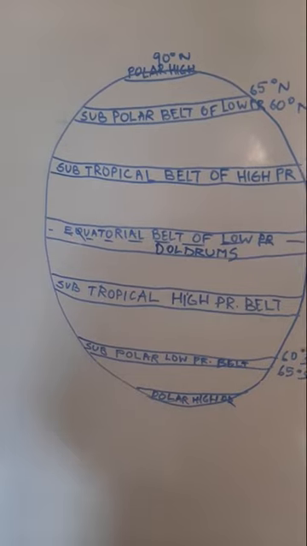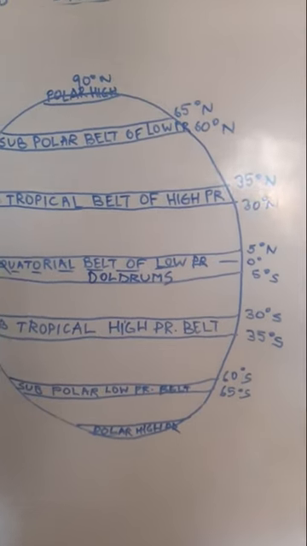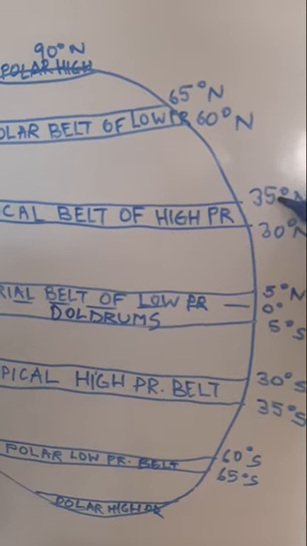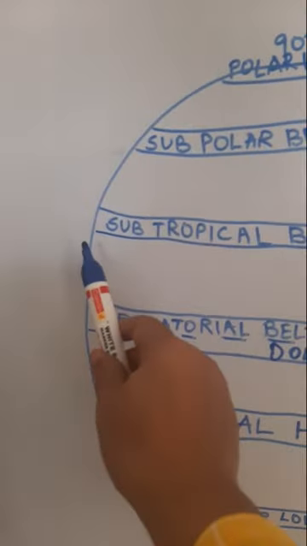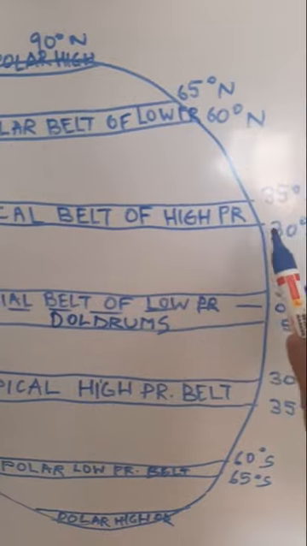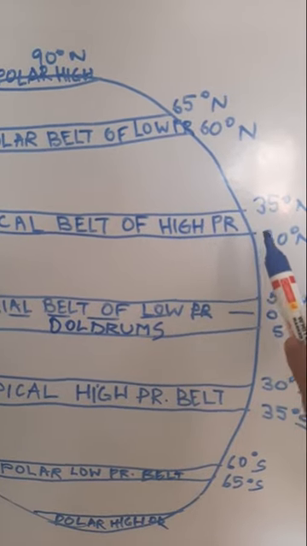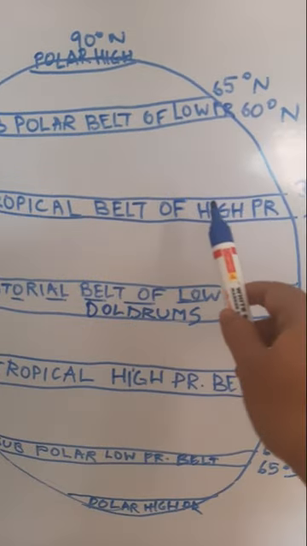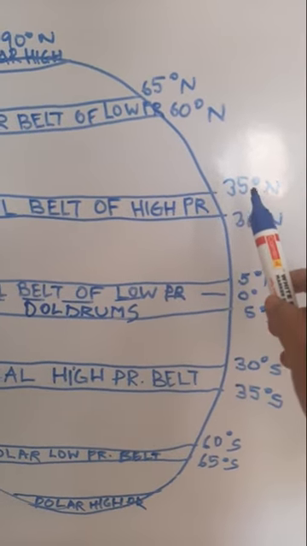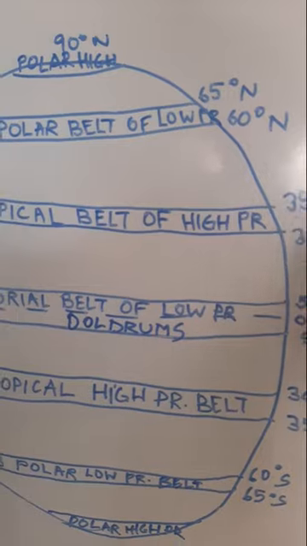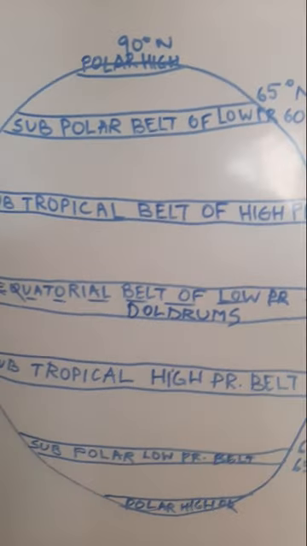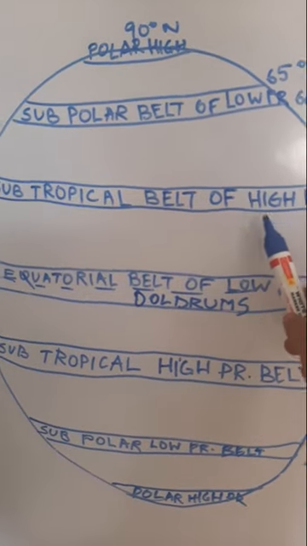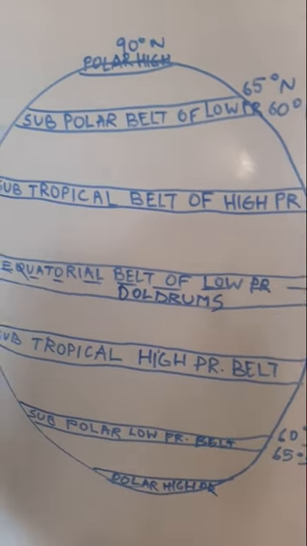Now the next lines that we will draw are at 30 degree north and 35 degree north. We draw the latitude of 30 degree north and the latitude of 35 degree north, and in between we write subtropical belt of high pressure.